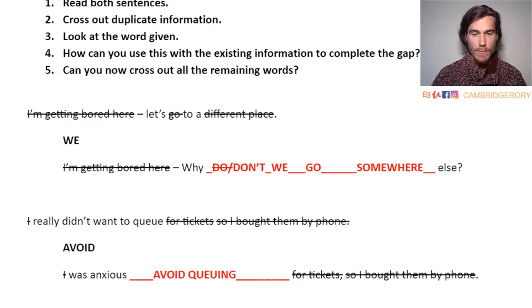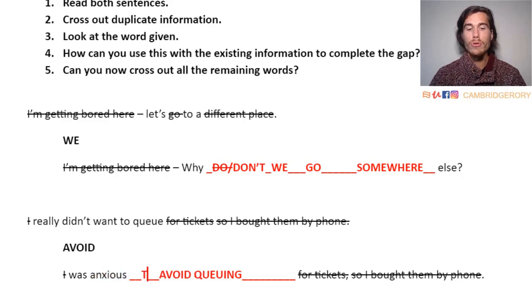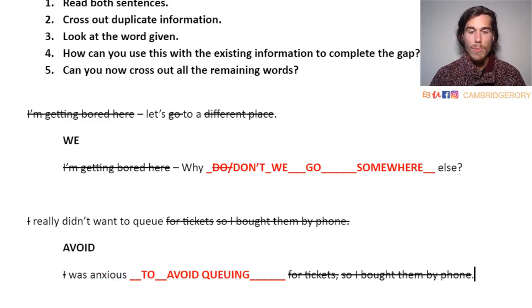Avoid queuing. I was anxious, avoid queuing for tickets. We need one more word, because with anxious, we say anxious to do something. After anxious, we use to before a verb. And here, avoid is a verb, so we say anxious to avoid.